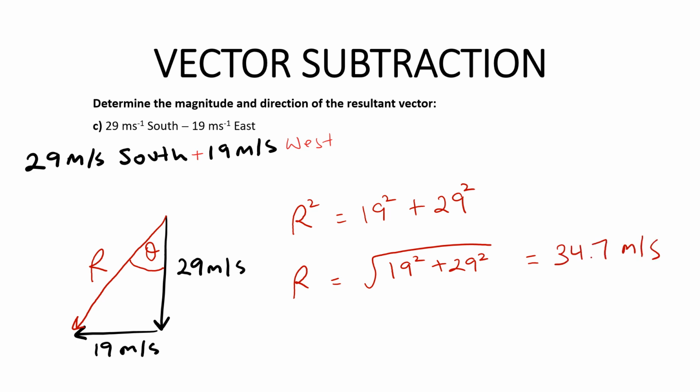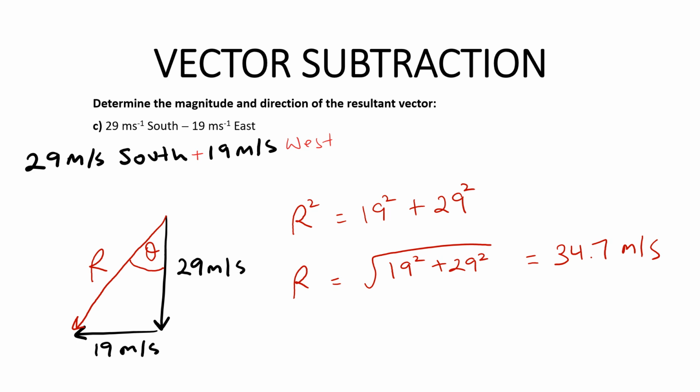And now we can find the value of theta. In this case, theta is located here next to the tail of the resultant. We know the opposite side is 19, and we also know the adjacent side is 29. So we will just use the tan ratio to find the value of theta.